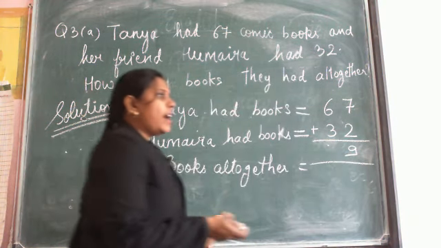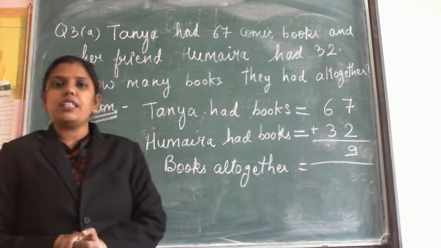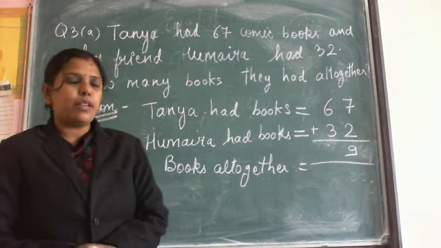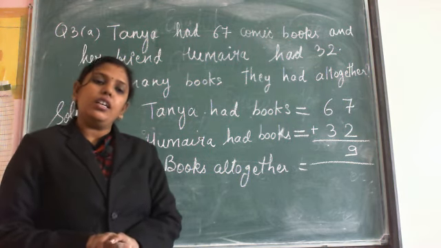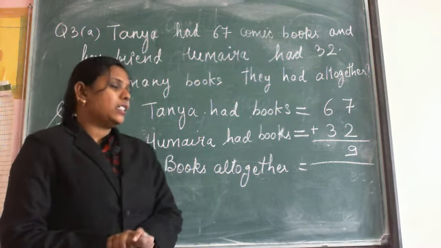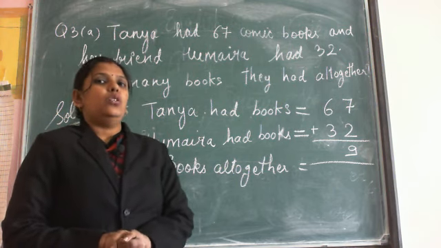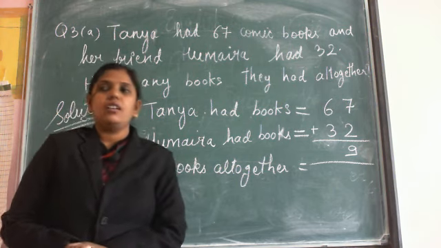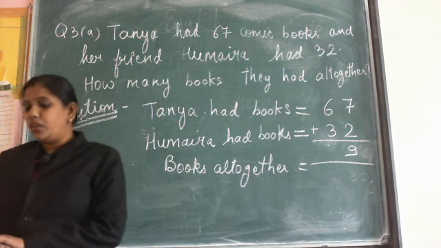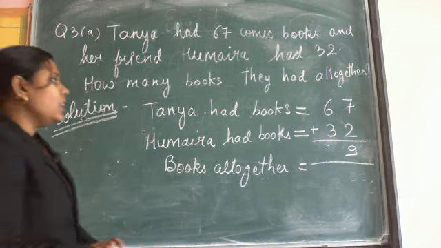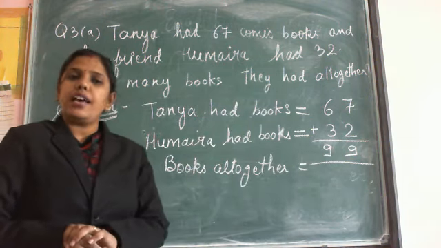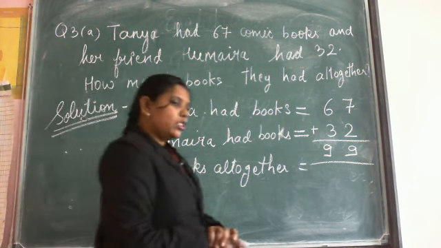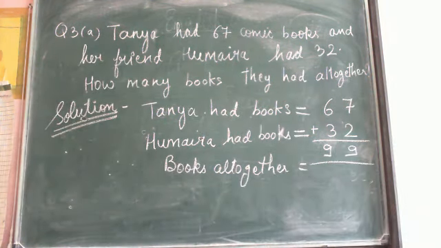Now add the digits at the tens place, which are 6 and 3. 6 plus 3 is again 9. So total books all together is 99. First note down the solution from the board fast. Then once again I will explain the same. Write fast.